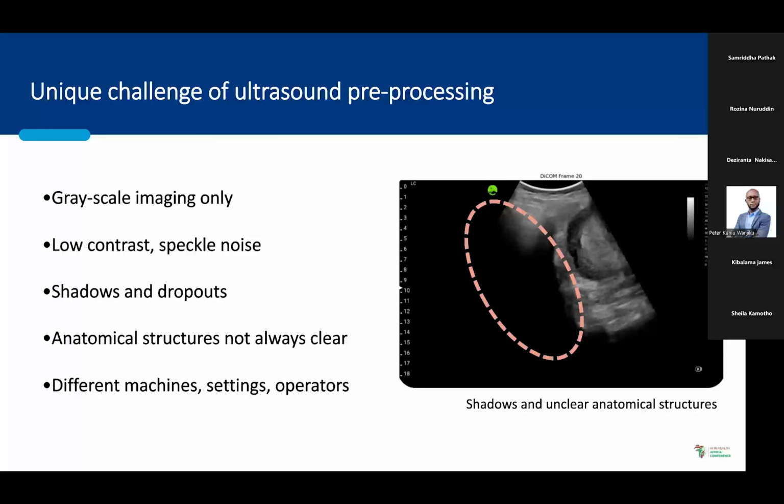There are often cases where there are dropouts, and the views aren't clear. And there are different machines, different settings, and different operators, which increases the diversity of the images. So these are the unique challenges related to ultrasound.